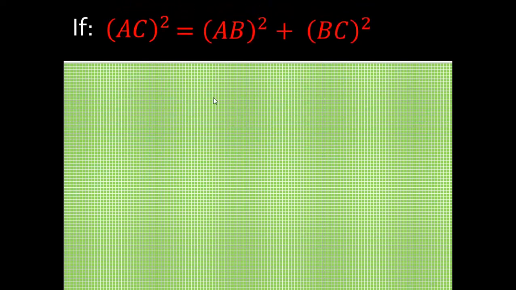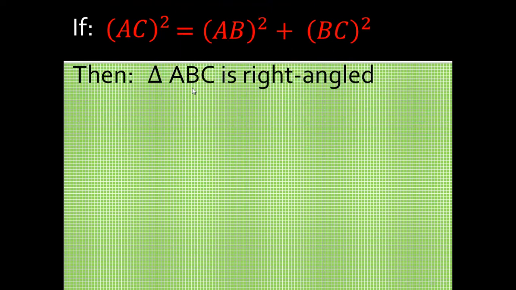If you find the square of the greatest side equals the sum of the squares of the other two sides, it means this triangle is right angle triangle. Right at the common letter here. Here, AC all power 2 equals AB power 2 plus BC power 2. Then the common letter is B, then the triangle is right angle triangle at B.